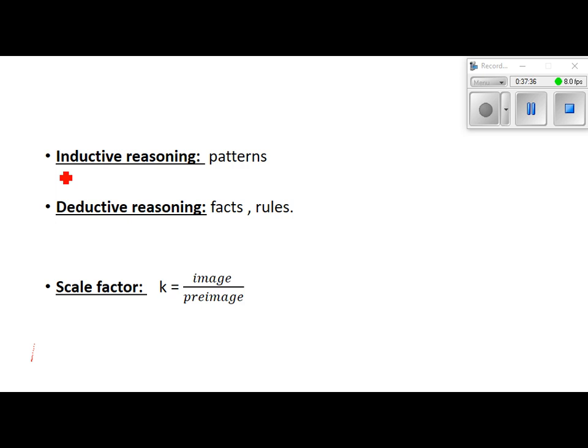You've seen the same thing day after day after day, and you think tomorrow you're going to see the same thing. That's inductive reasoning. Deductive reasoning is like when we're doing the 2-column proofs and you're saying, okay, I know this is true because of this, I know this is true because of this, so you're using facts.